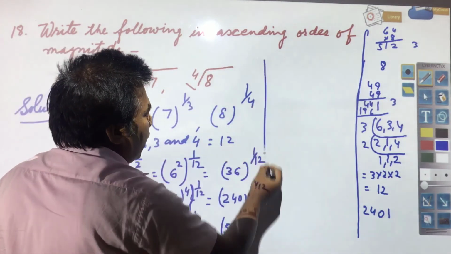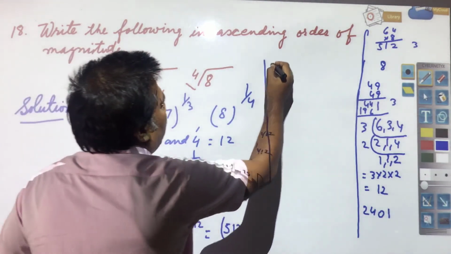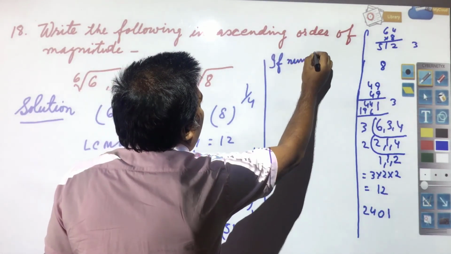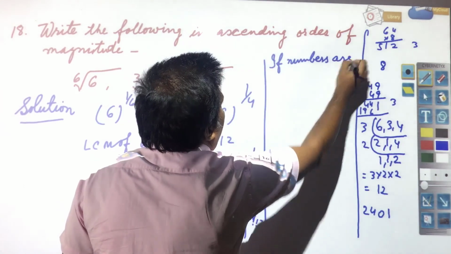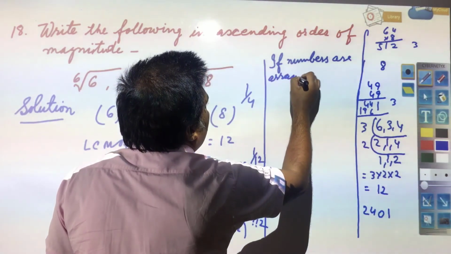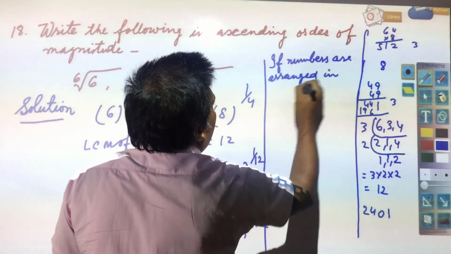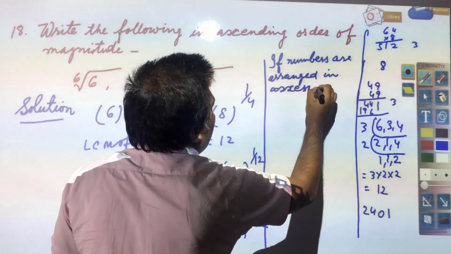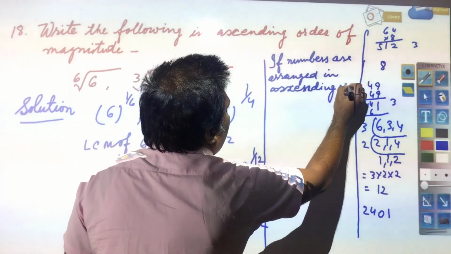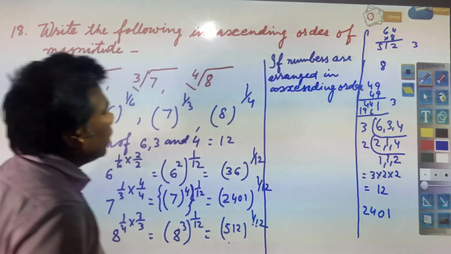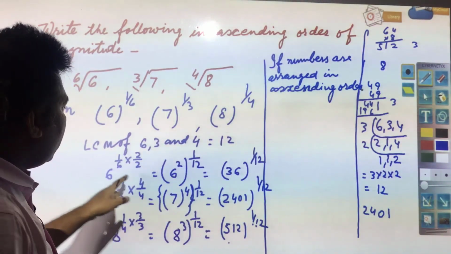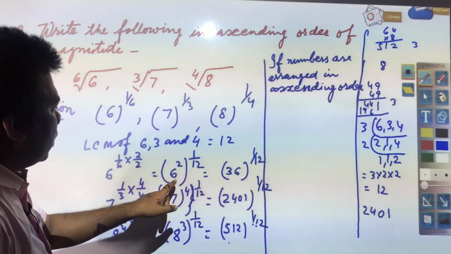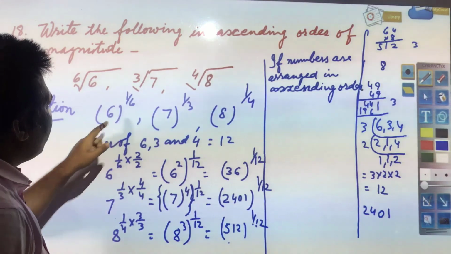So, if numbers are arranged in ascending order, what we will get? Smallest one we will write. So, this will be 6 to the power 1 by 6.